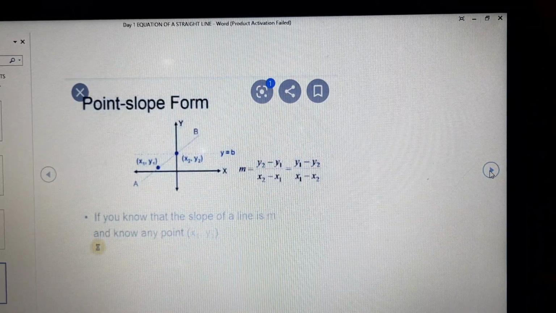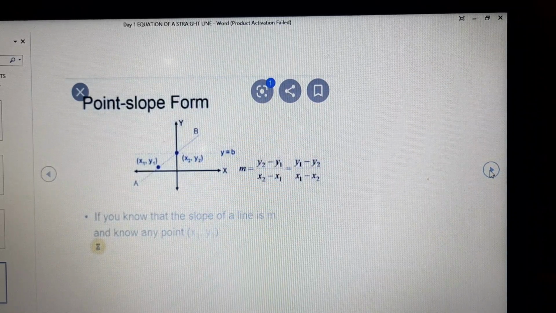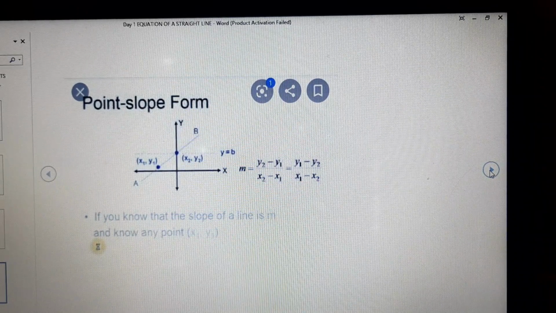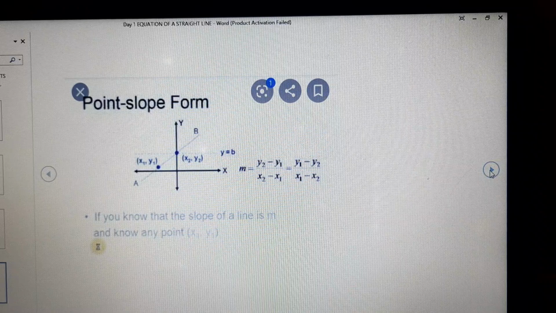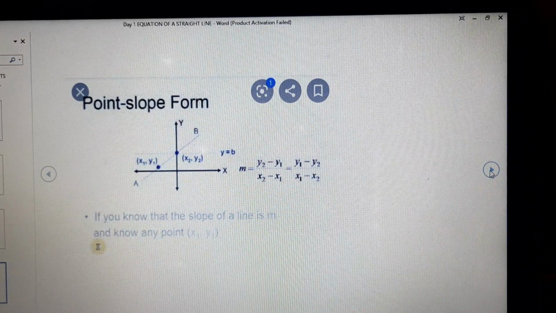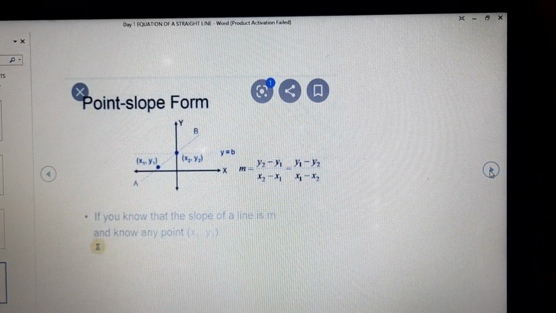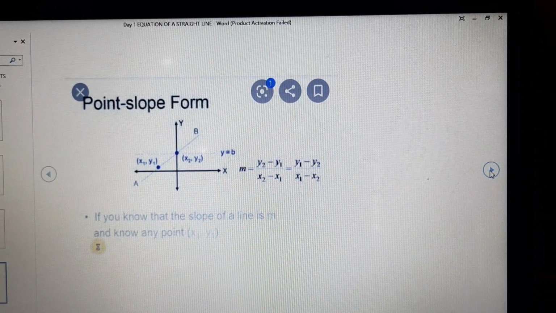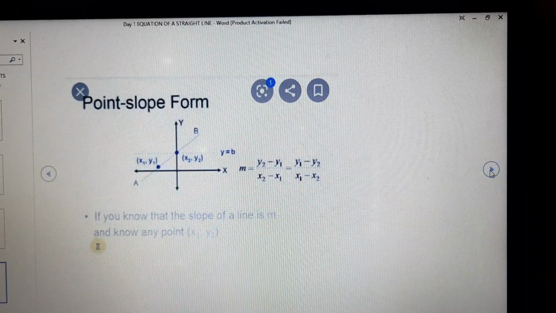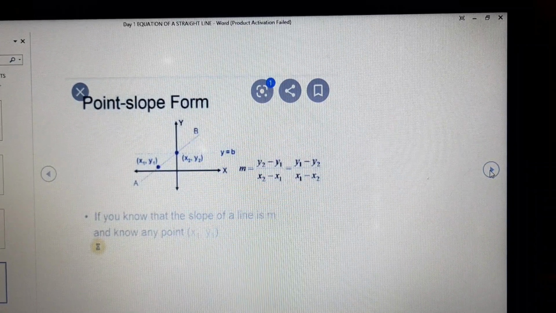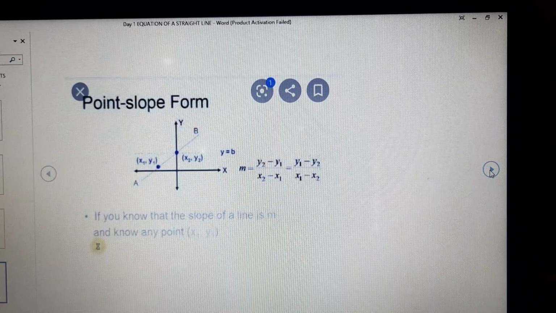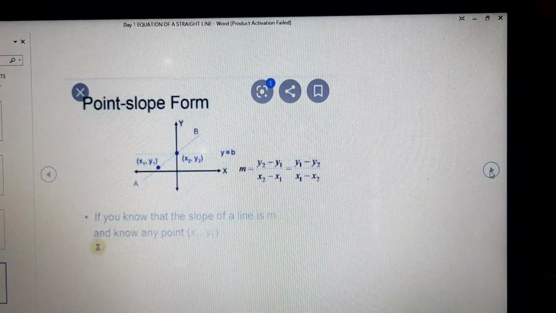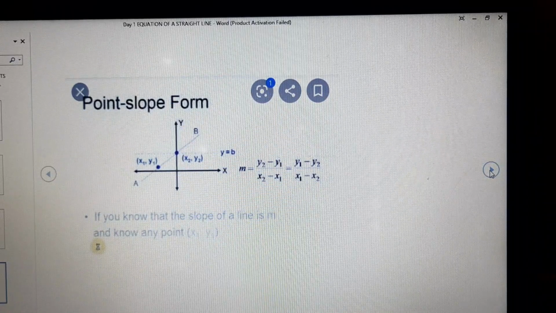So if we do not know the angle, if we do not know the inclination, but it is given that these 2 points lie on the line segment AB, and you know the coordinates of those 2 points, then you can use this formula to calculate slope.